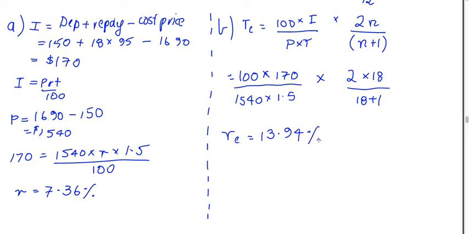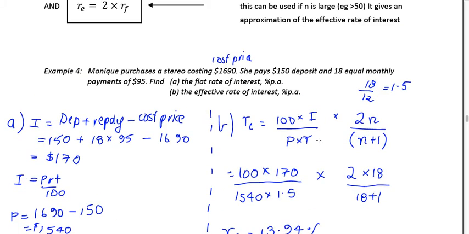13.94%. So the effective rate is telling us that the flat rate, yes, it was only 7.36, but if we looked at our principal over time, we could see that as we were paying back this $95 every month, the amount that we owe was actually reducing.